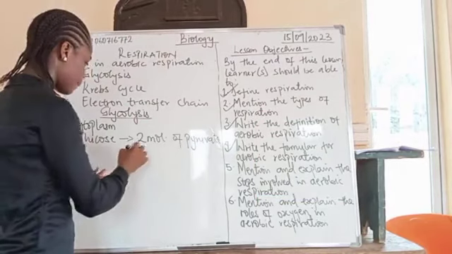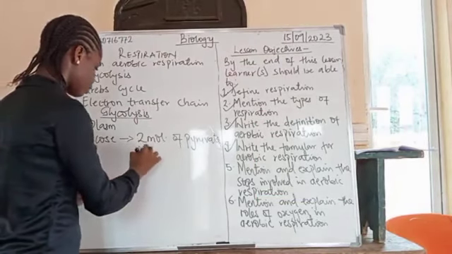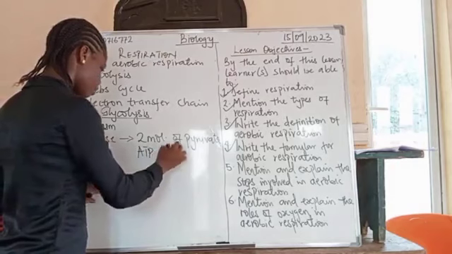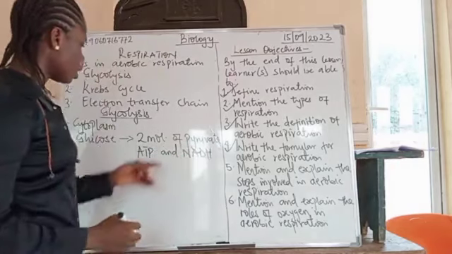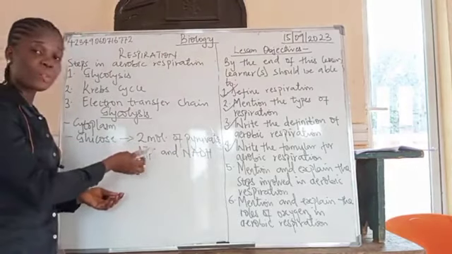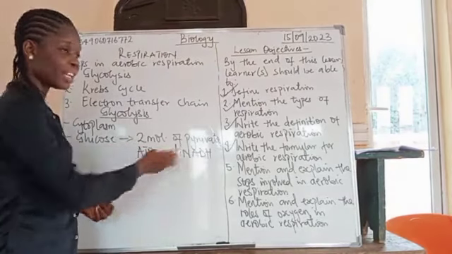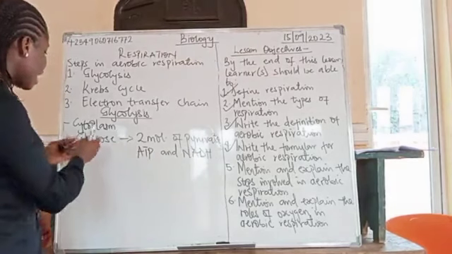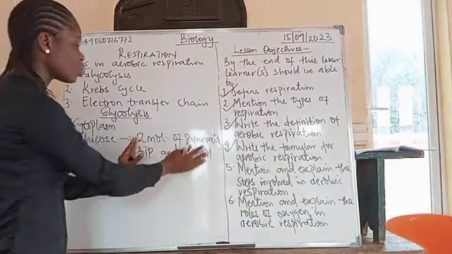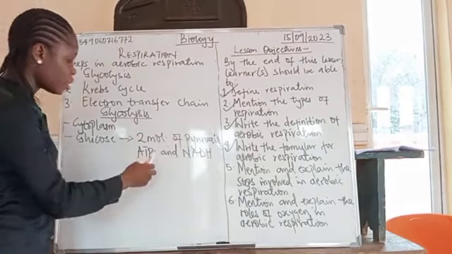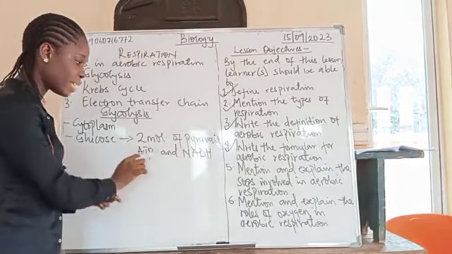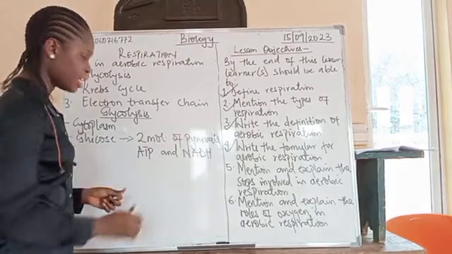producing a little quantity of ATP and NADH. So, at the end of the process of glycolysis, this is what is formed: 2 molecules of pyruvate producing a small amount of ATP and NADH.